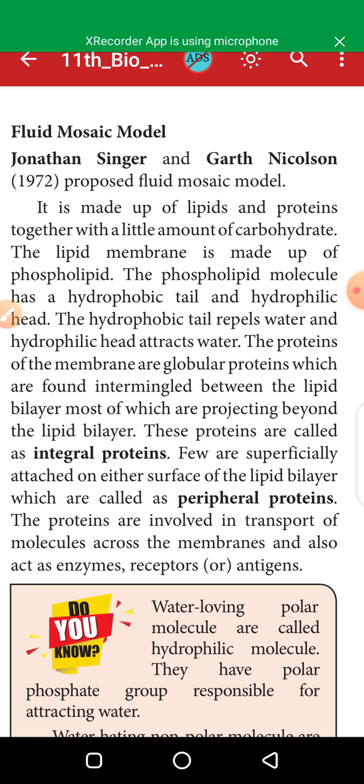The proteins are called integral protein. ஒருங்கிணைந்ததுன்னு சொல்லுவோம். Few are superficially attached on the surface of the lipid bilayer, which are called as peripheral protein. The proteins are involved in transport of molecule across the membrane and also act as enzymes, receptor, antigen.